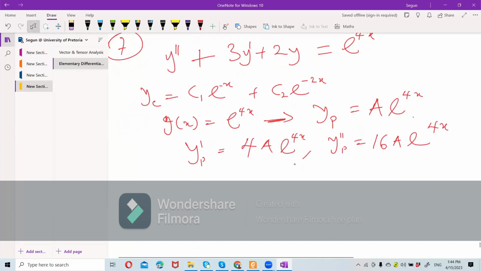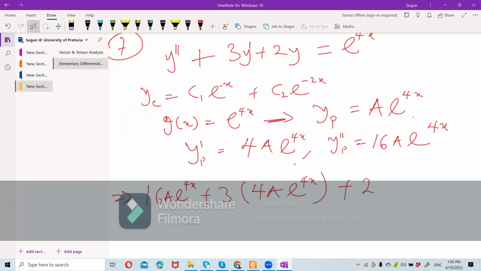You substitute it into your equation, what do you have? 16A exponential 4x plus 3 into 4A exponential 4x plus 2A exponential 4x. Everything equals to exponential 4x.